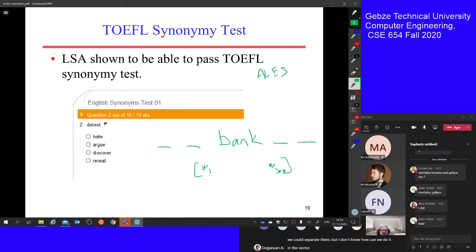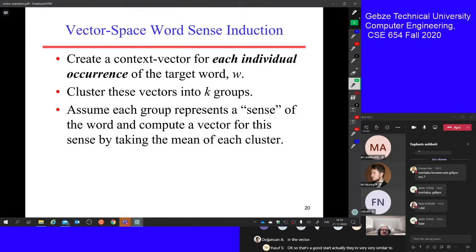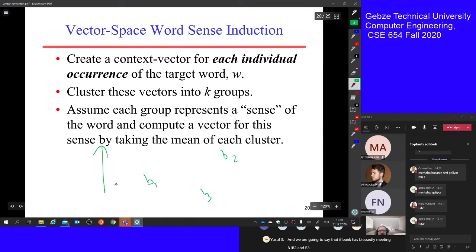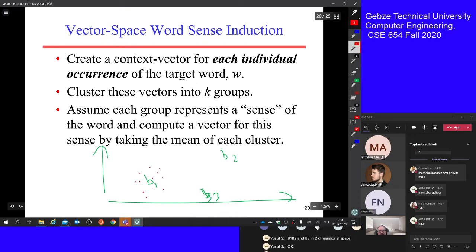Okay, so that's a good start actually. It's very similar to what you are trying to do. Let's say each individual occurrence has a different sense, and if bank has, let's say, 3 meanings, B1, B2 and B3 in 2-dimensional space, there will be words like financial institution stuff, money, interest.